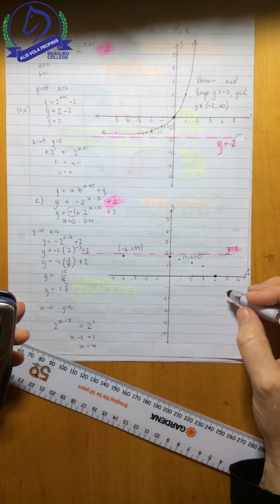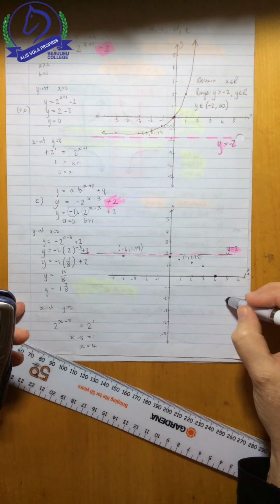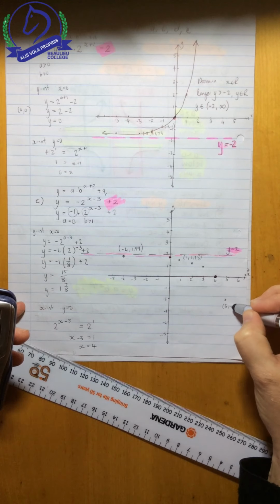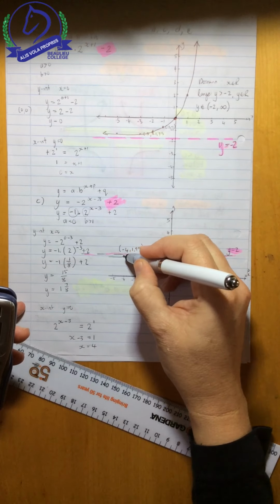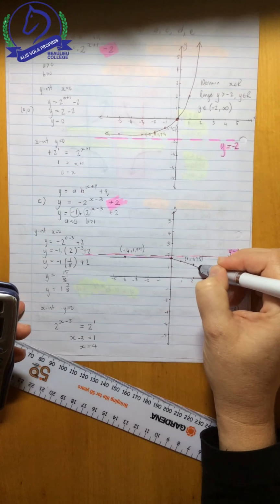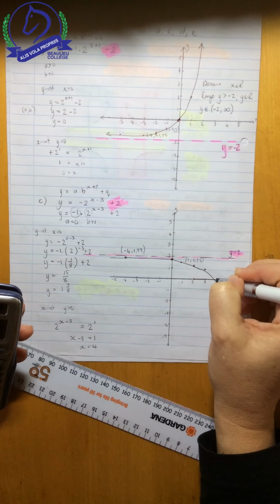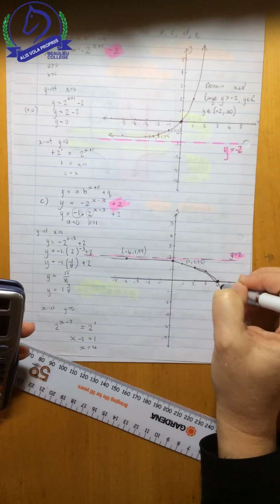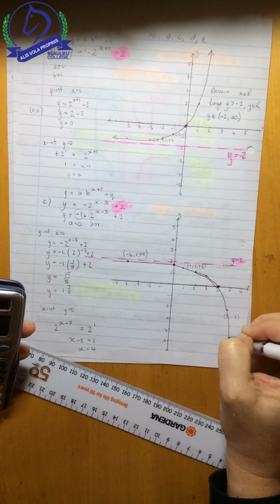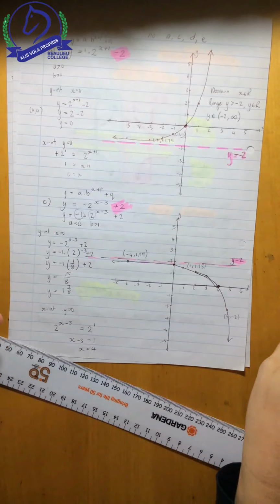And if I go to 5, 5 will be at minus 2. Now I have given my marker enough values to mark my question.